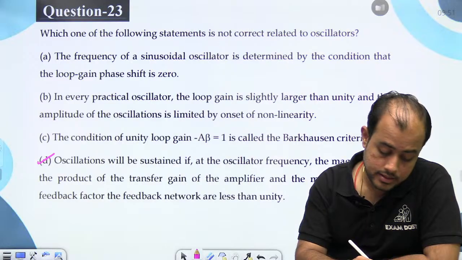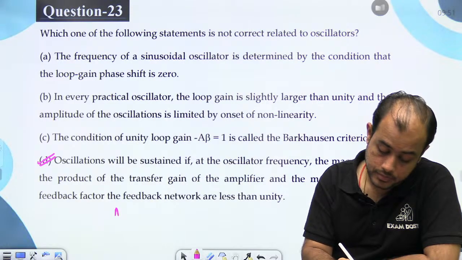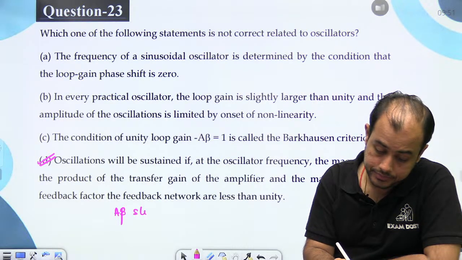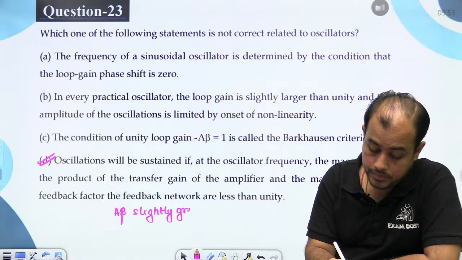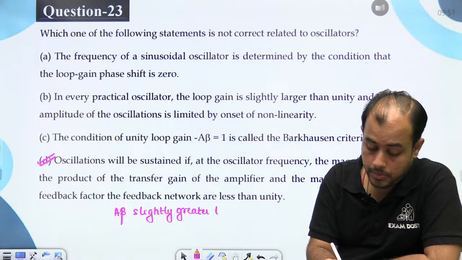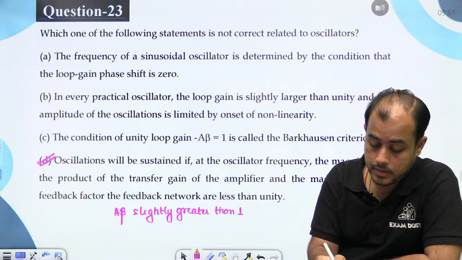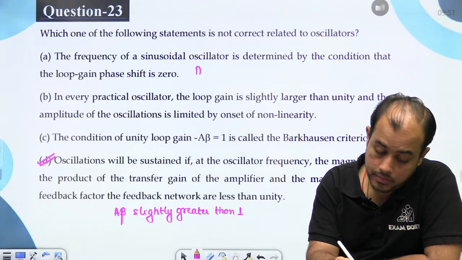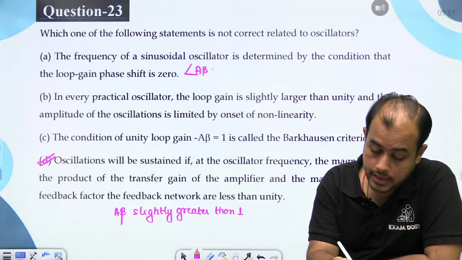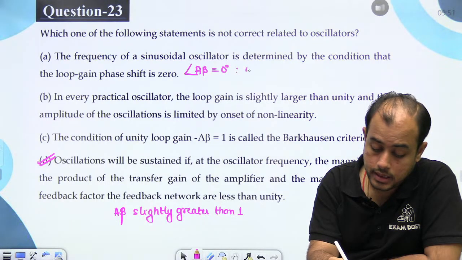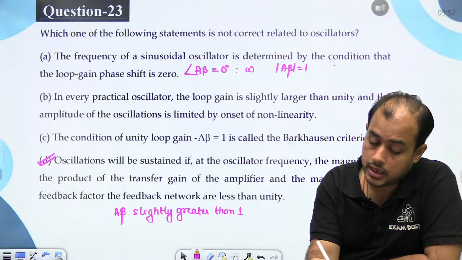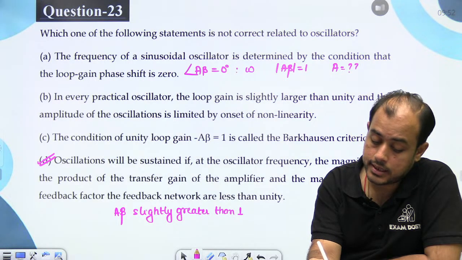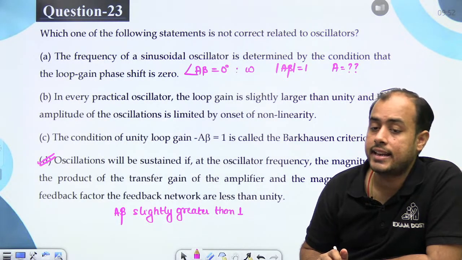Aβ. और ये सही बात है बेटा, angle Aβ 0, यहां से ω आता है, mod Aβ 1, तो यहां से A का वैल्यू निकलता है। तो magnitude से A निकाला जाता है और angle से frequency.